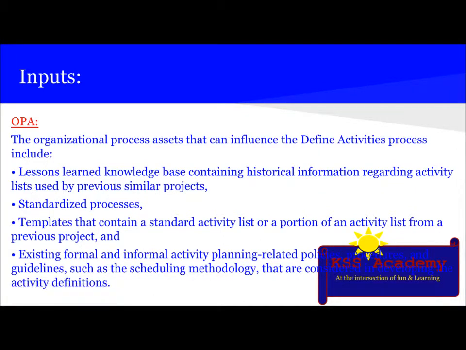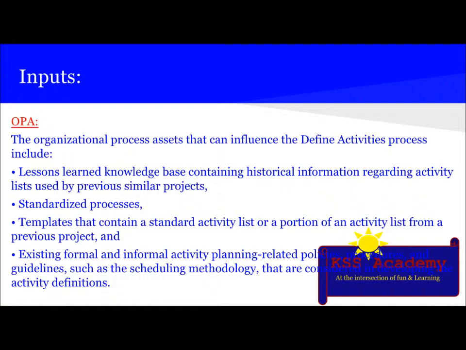The organizational process assets that can influence the define activities process include lessons learned, knowledge base containing historical information regarding activity lists used by previous similar projects, standardized processes, templates that contain the standard activity list or a portion of an activity list from a previous project.